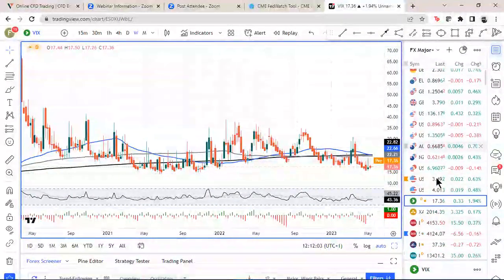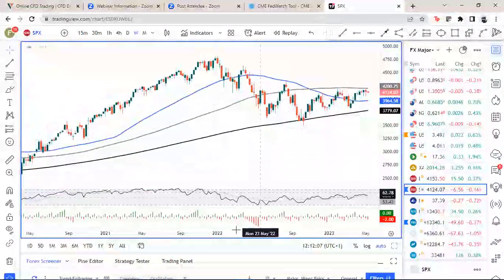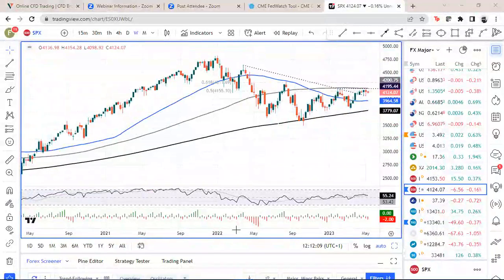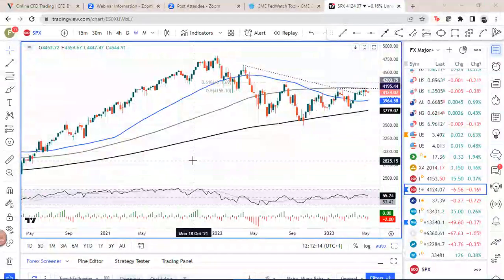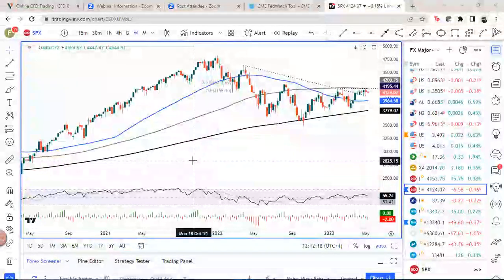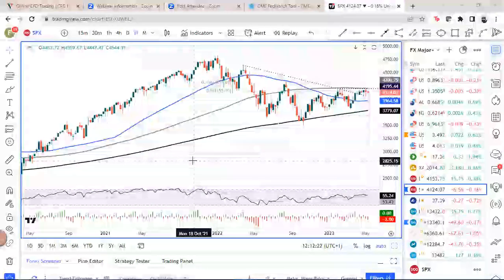Otherwise, if we just look at technicals, let's first look at the S&P 500, or generally US equities. We've still got the US regional bank concerns. They still linger for us, even though they don't make the headlines.